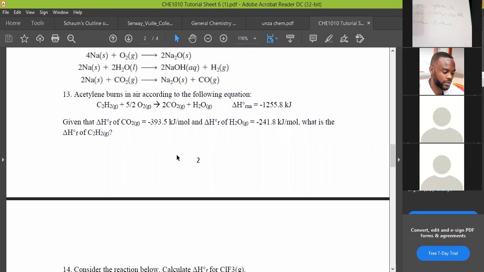So this is the equation that we use when we are calculating standard enthalpy.